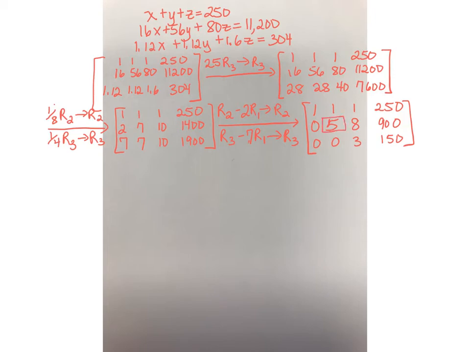If you didn't remember, we were using our 1 as a pivot when we went from this step to here. Now, 5 is our pivot. So we can go ahead and do that. We're going to do 5 times row 1 minus row 2 to get a new row 1.